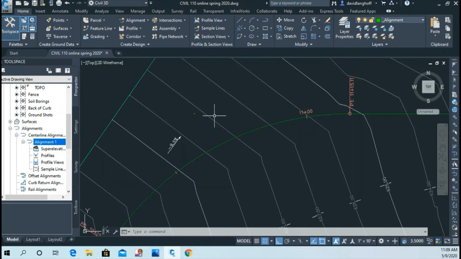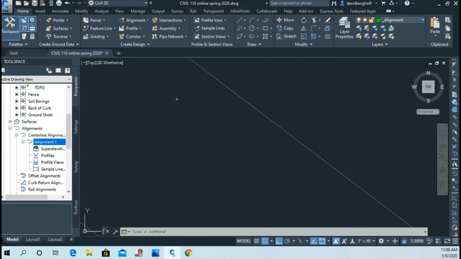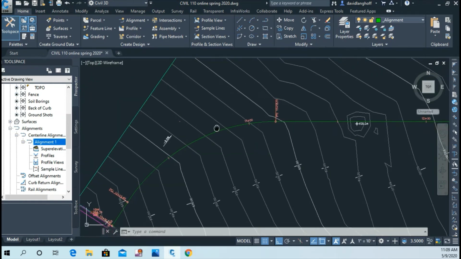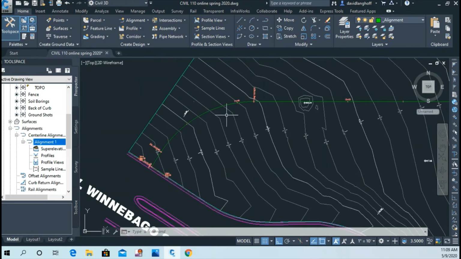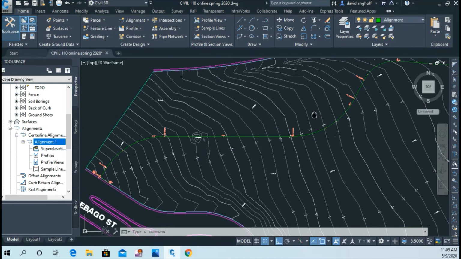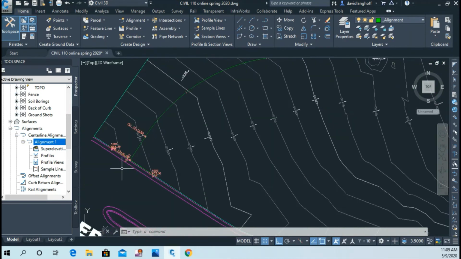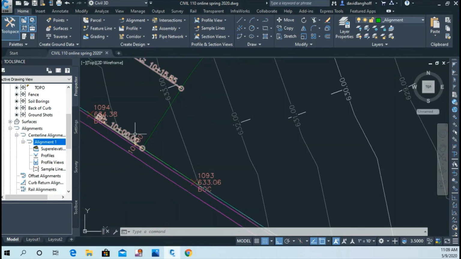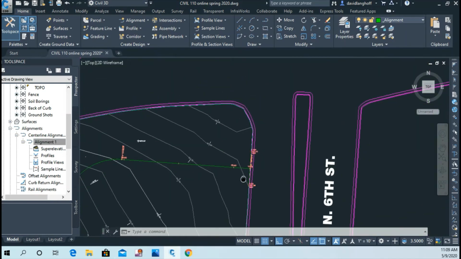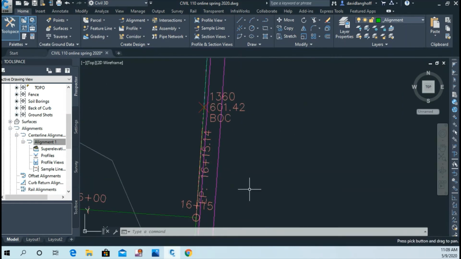Also notice that Civil 3D does put a little marker in here at the PI. You can snap to that, by the way. You might not have noticed that. So anyway, we've got this alignment defined, and we started at station 10+00, and if you did everything I asked you to do, you should have finished with station 16+15.14.